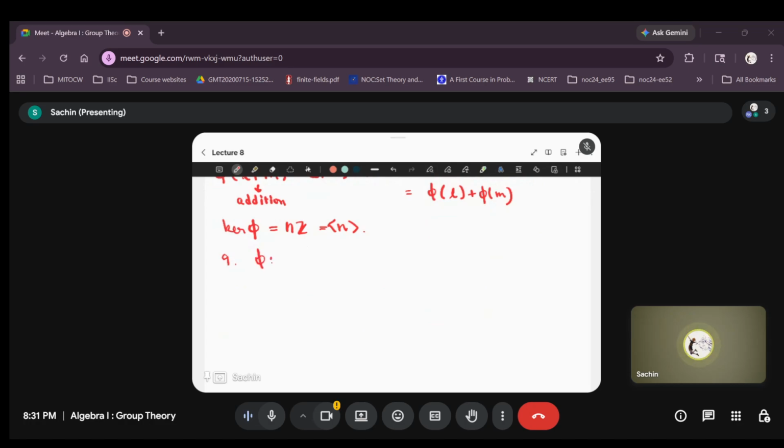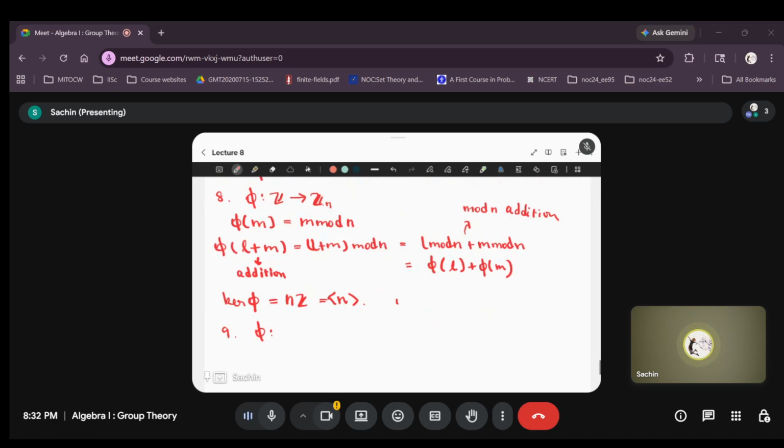Next, consider the image, which would just be Zn.